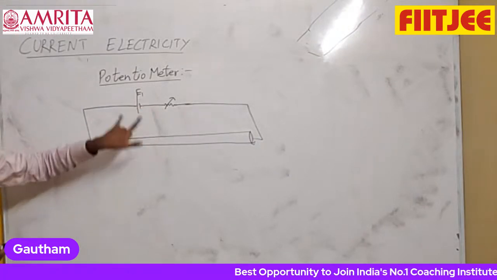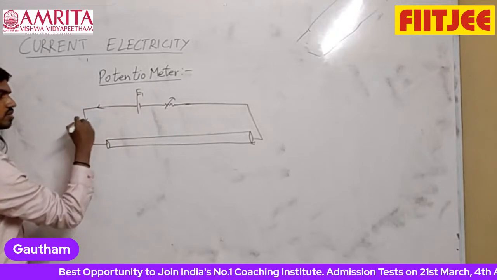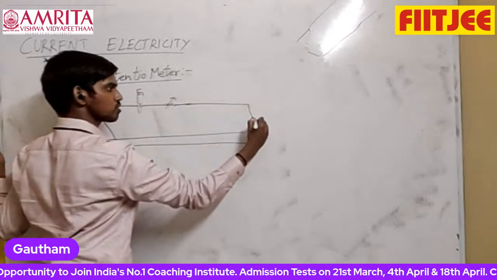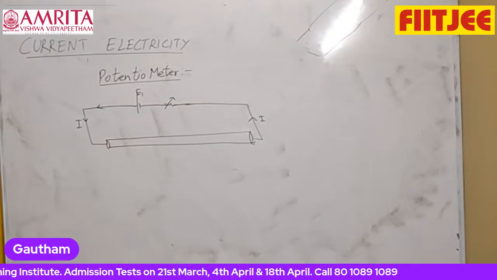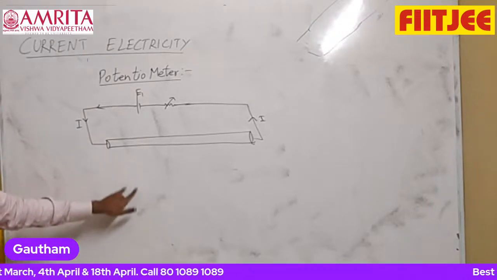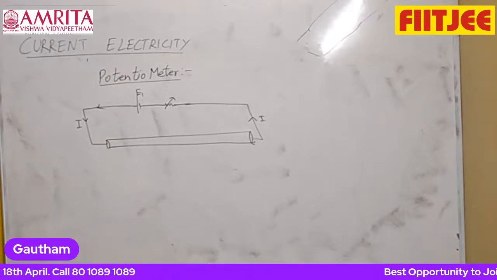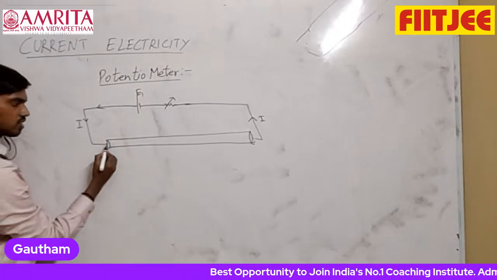So in this primary circuit, some known battery and resistance is there. You won't disturb this, so there is a constant current flowing through the wire. This potentiometer can be used to find the EMF of an unknown cell, compare two EMFs of cells, or also to find the internal resistance of a cell.